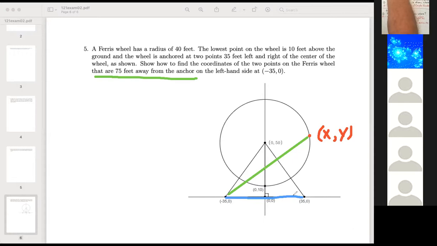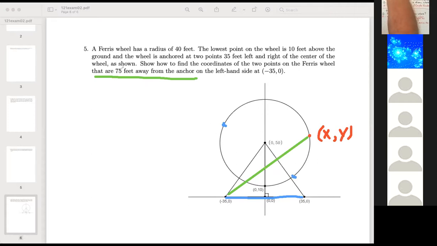In fact, if you could swing that blue arm all the way up onto the circle over here, would these two dots that are blue be 70 feet away from the anchor? I think it's quite reasonable that that could be about 70 feet away.